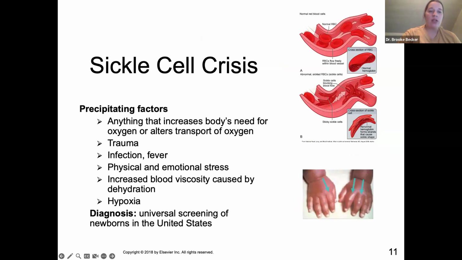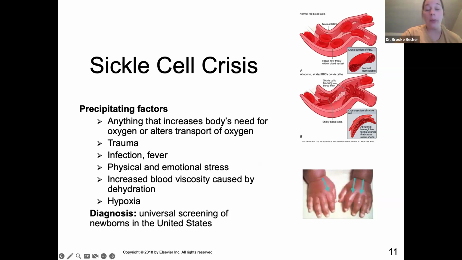Most common causes for sickle cell crisis are trauma, infections, fevers, physical or emotional distress. So if these kids are playing really hard contact sports and they haven't adequately hydrated, then they're more at risk for sickle cell crisis. Hypoxia, so having low oxygen, or anything that increases your oxygen demand can also predispose kids to sickle cell crisis.